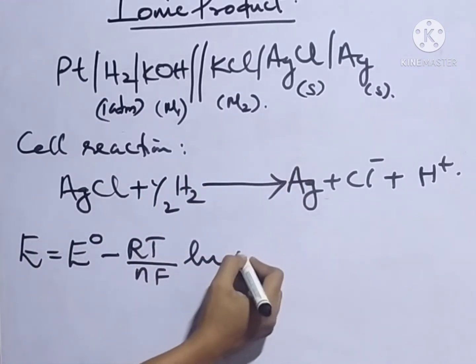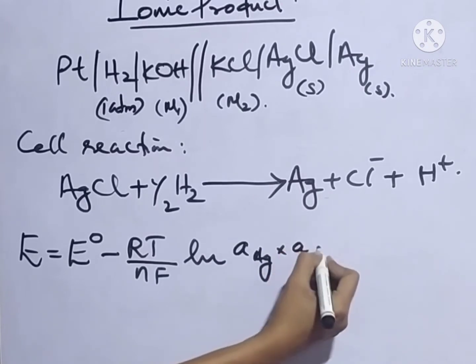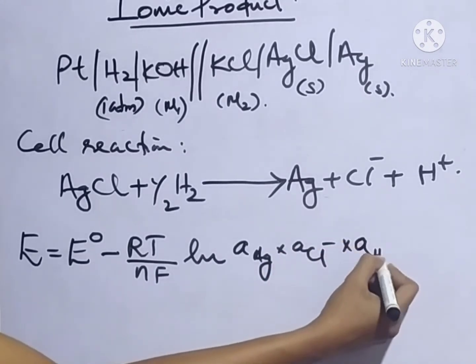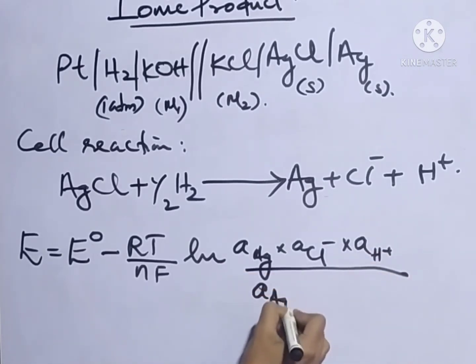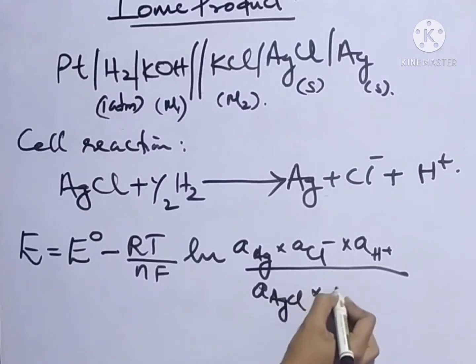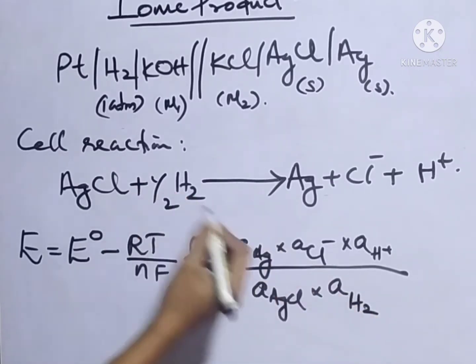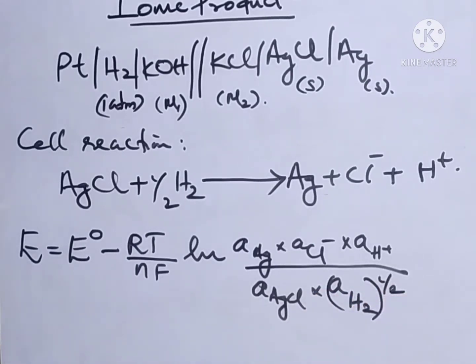So activity of Ag into activity of Cl minus into activity of H plus divided by activity of AgCl into activity of H2, here half, so this will be raised to 1 by 2.